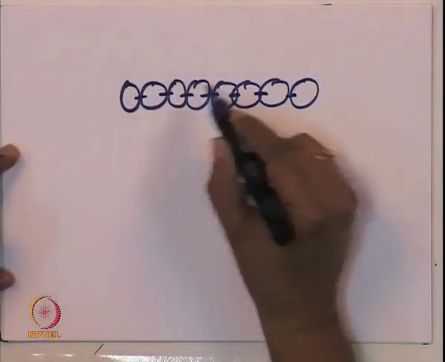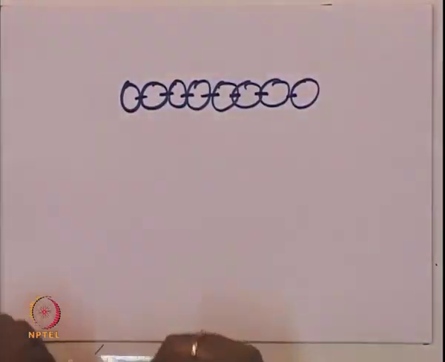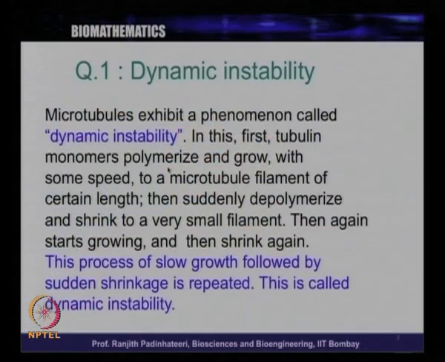You can imagine a microtubule something like this. For simplicity, it is more complex than that. There are 13 protofilaments and so on, but for the moment you just need to know that it is a polymer, and tubulin monomers polymerize and grow with some speed to a microtubule filament of certain length.